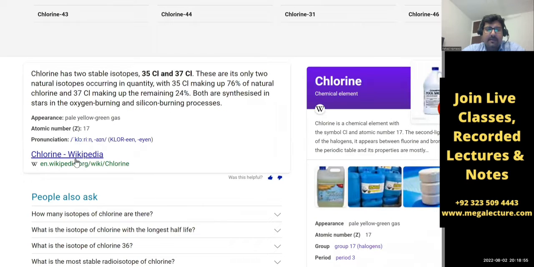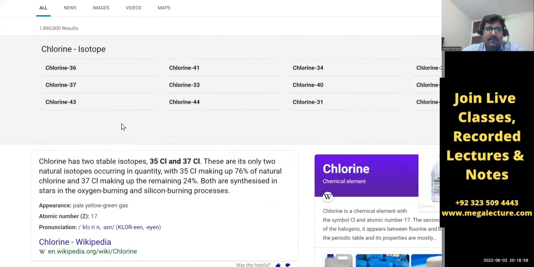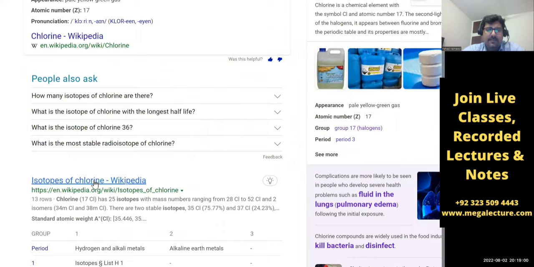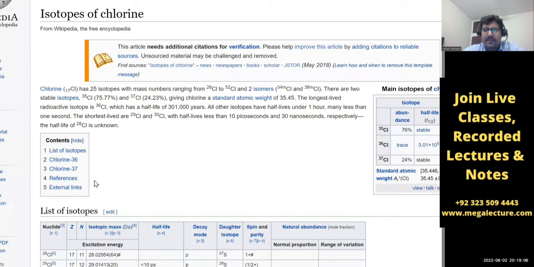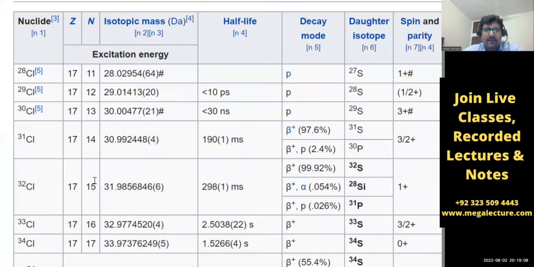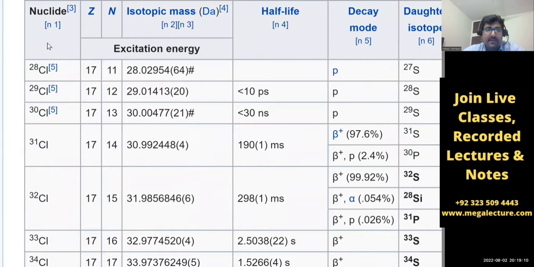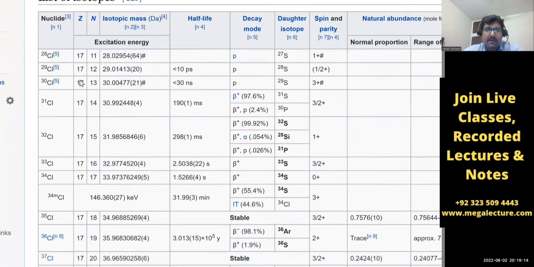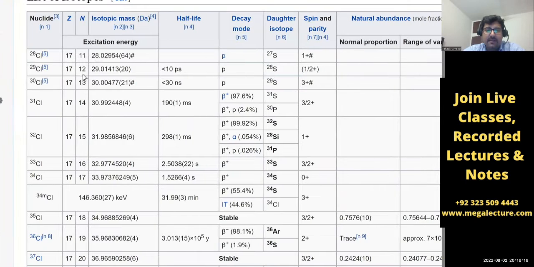So Wikipedia, the isotopes of chlorine. An atom has many isotopes, but some of them are abundant. So you can have a look. There's chlorine 28 as well. The abundance is also given. This one is almost non-existent.